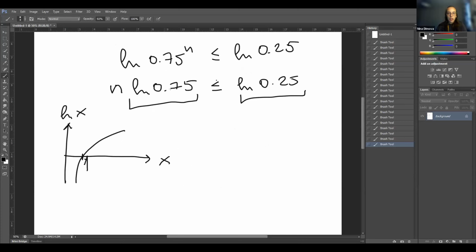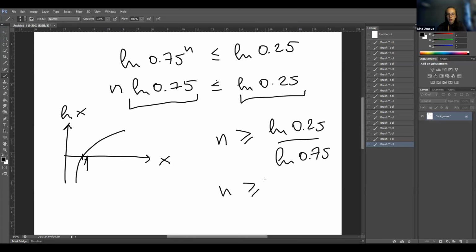But these two numbers are negative, which means when you divide by log 0.75, n becomes larger than or equal to log 0.25 over log 0.75.